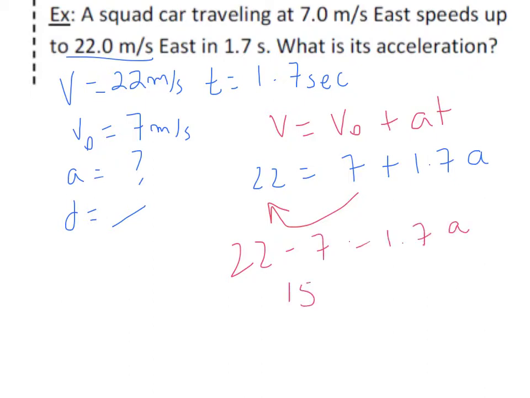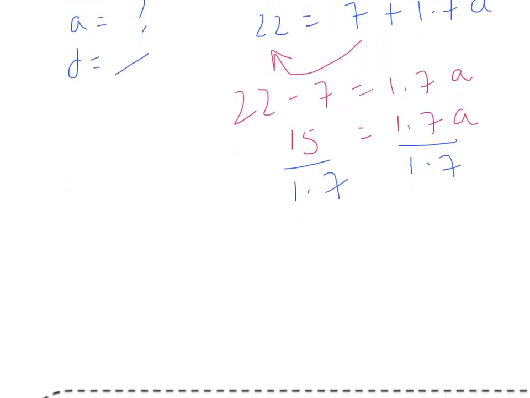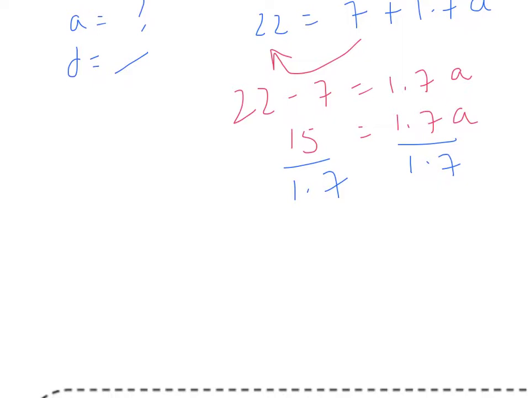So 15 equals 1.7a. Then we divide both sides by 1.7, and we get a equals 8.8 meters per second squared, and it's east.